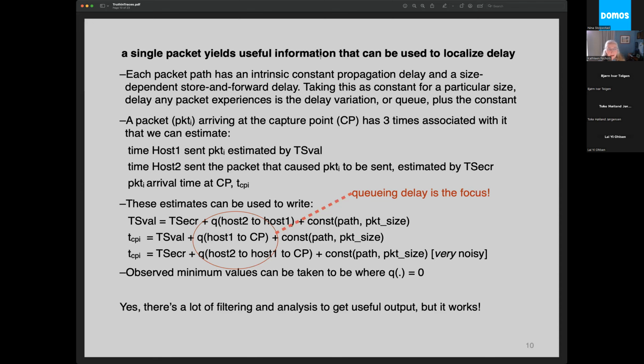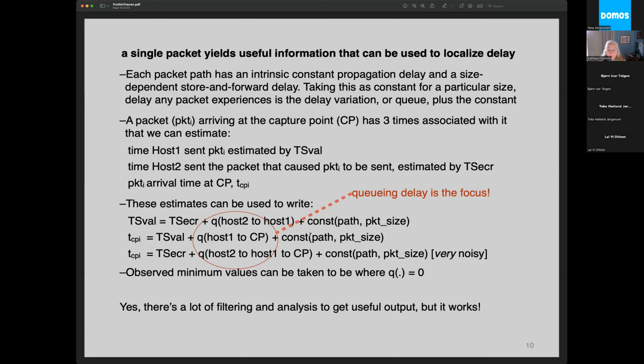If we take those estimates, we can write these three equations, and these are the components of them. What I'm trying to tell you with this red circle is that the queuing delay is our focus. We can say TS val minus the echo reply is equal to that queuing delay plus a constant.